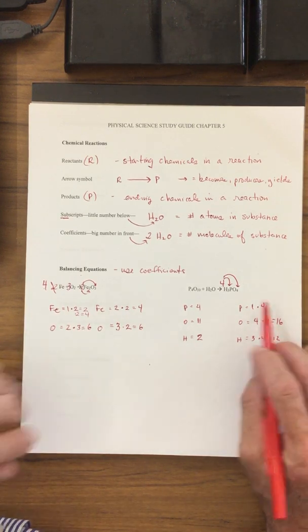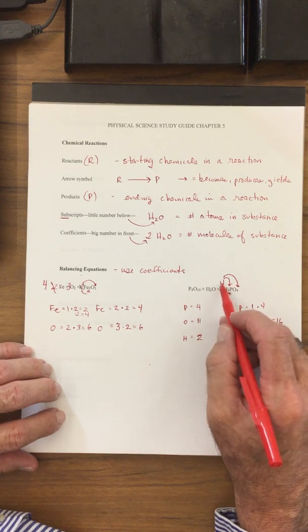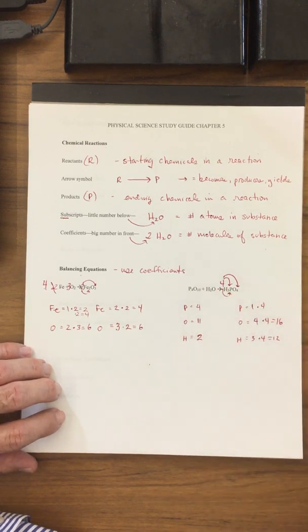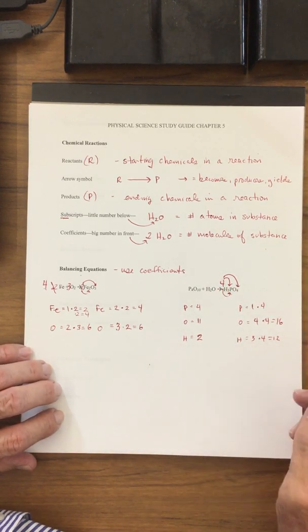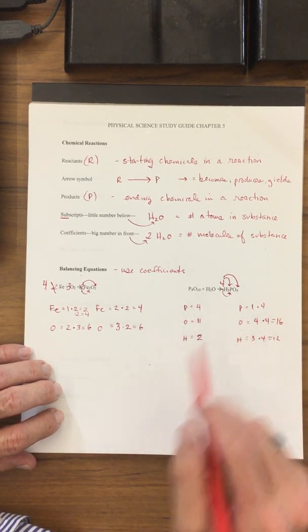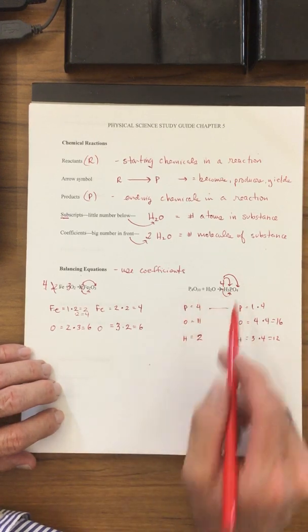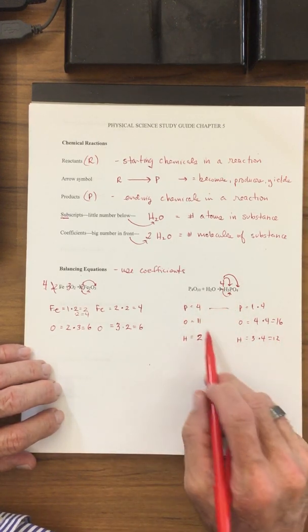So not only does it give me 4 phosphoruses, I get 4 times 3 or 12, 4 times 4 is 16. So now I need to make these molecules appear to be the same on both sides. So my phosphoruses appear balanced. I have 4 here and I have 4 there. Okay, we're going to do this one last.